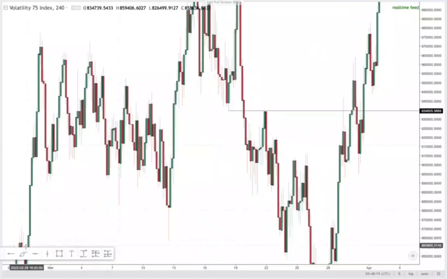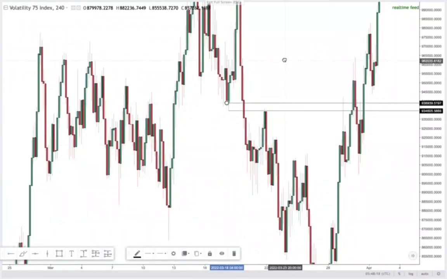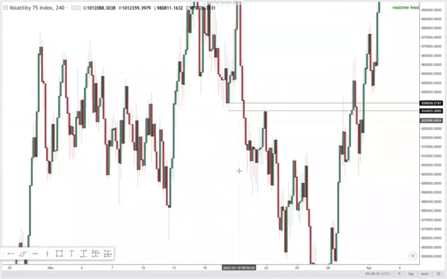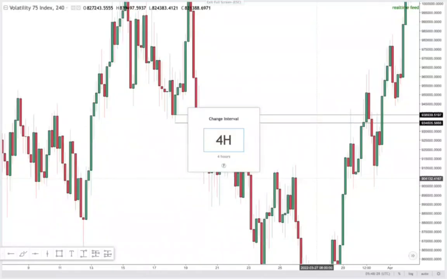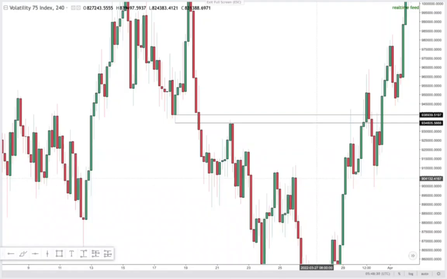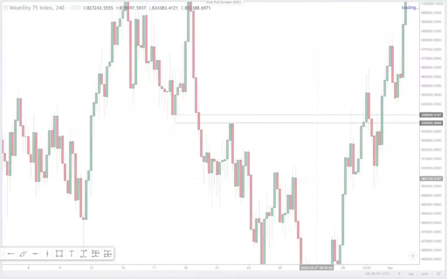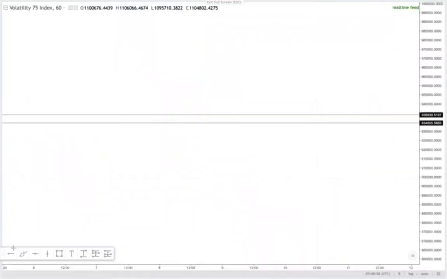Okay, this is our break and retest structure right there, and these are our two boundaries. So we'll drop to the 4-hour time frame. We'll drop to the 1-hour time frame since we were in the 4-hour time frame.